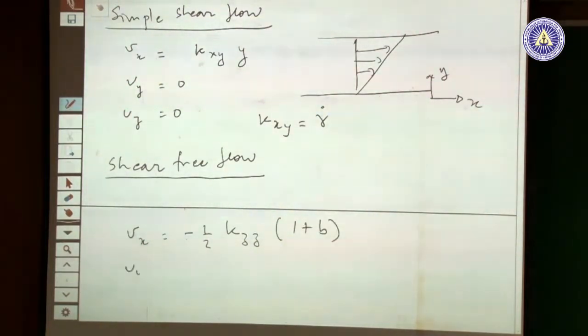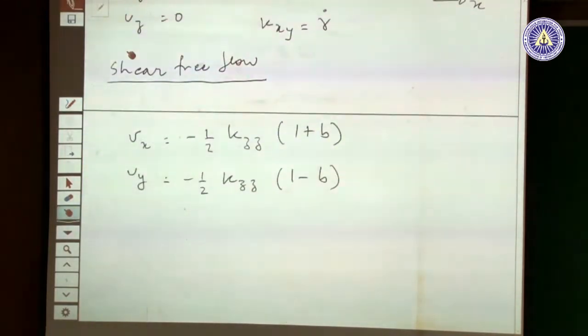Okay, Vy would be minus half kappa zz times 1 minus b times y, and Vz would be kappa zz times z.